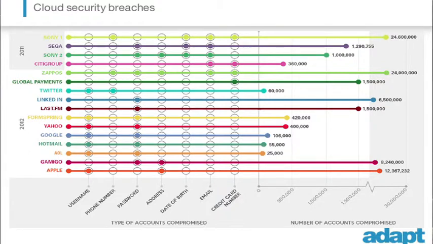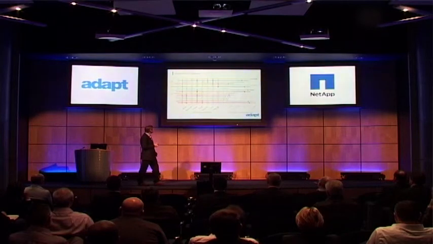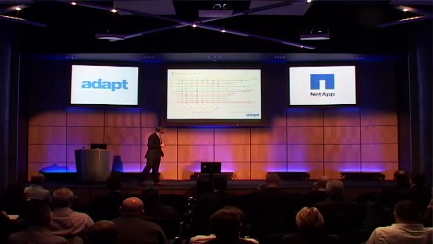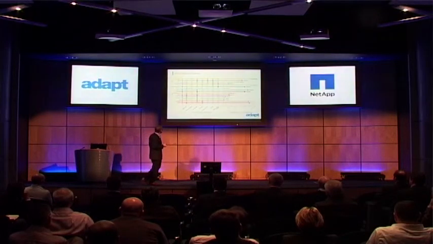Two weeks later, they got hacked again. Another million accounts compromised. Other ones we've got down there: another 24 million accounts compromised on Zappos. And then going into this year, recently, Apple, 12 million or so accounts, and a few other high-profile accounts.